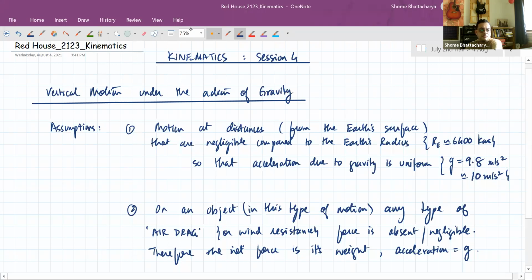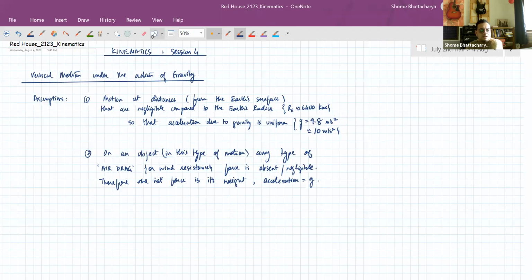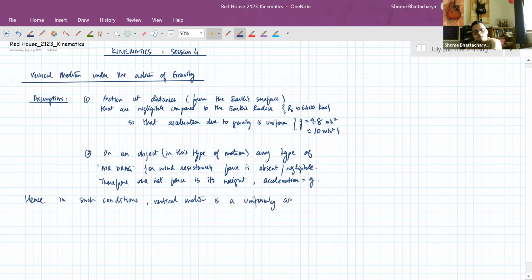That is why under these assumptions, vertical motion under gravity becomes a special case of what we discussed in the last lecture, that is uniformly accelerated 1D motion. So in such conditions, vertical motion is a uniformly accelerated 1D motion.